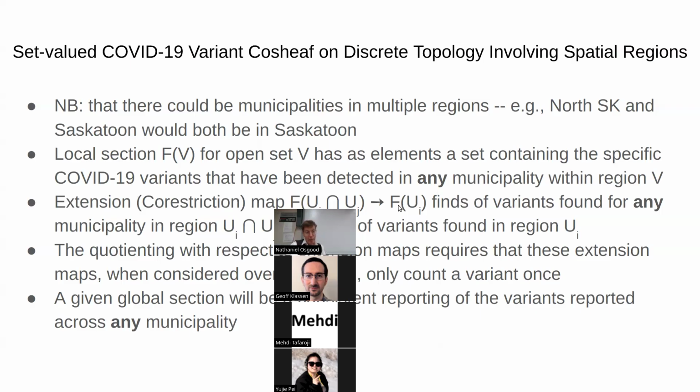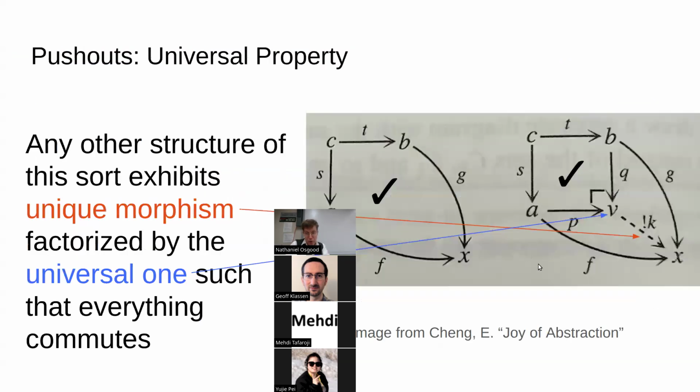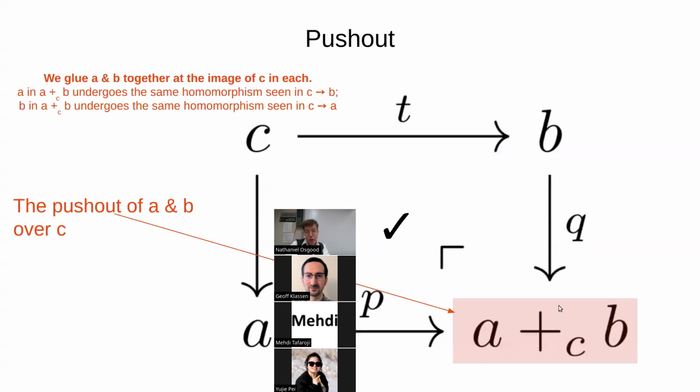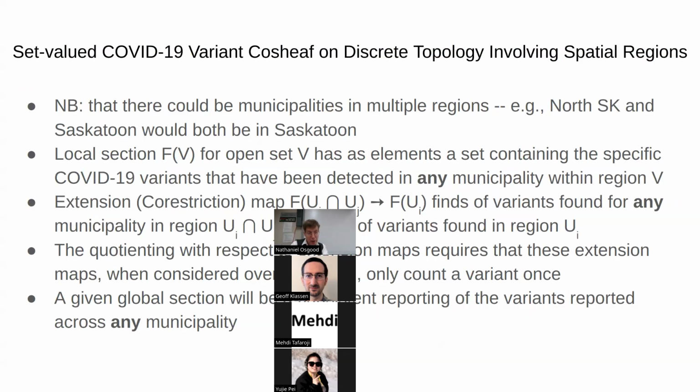The extension map basically injects those that are here into the set that is up here, just like with the pushout, but doesn't double count anything mapped to from the same C. It puts it there, but it doesn't double count. If it came from I and it came from J, it only counts once.